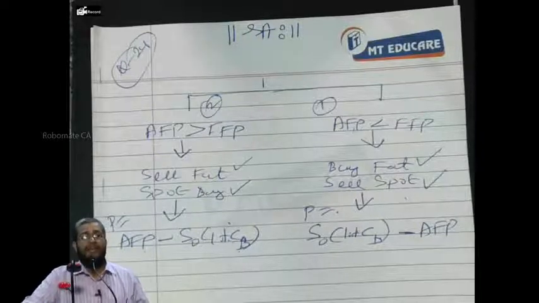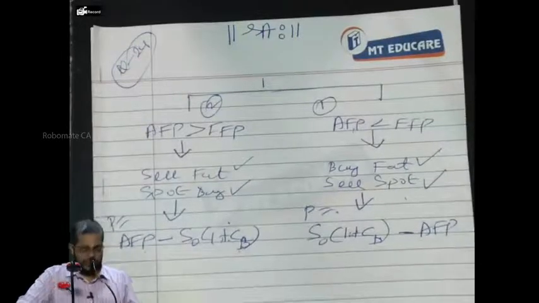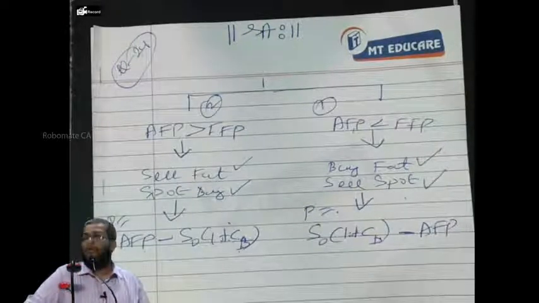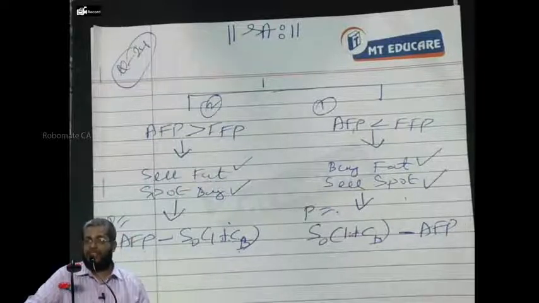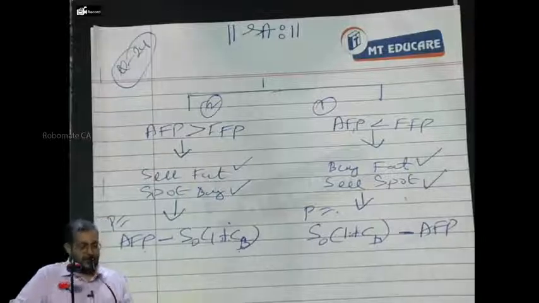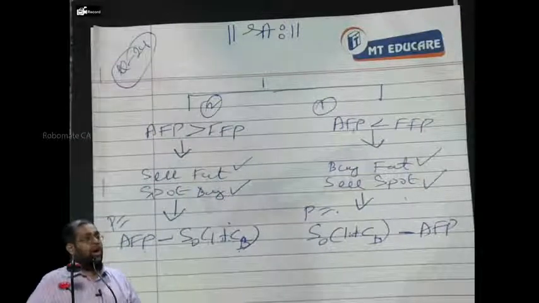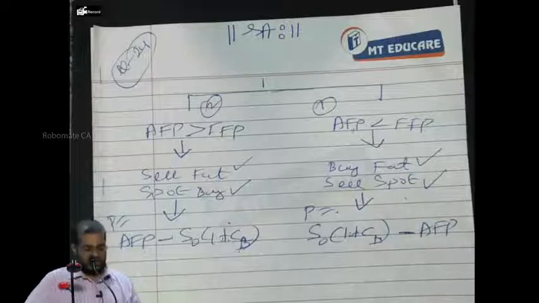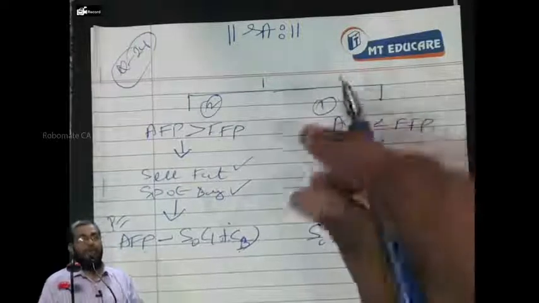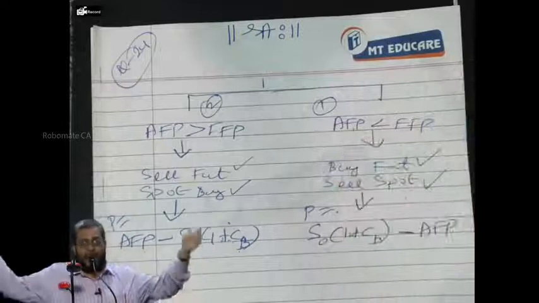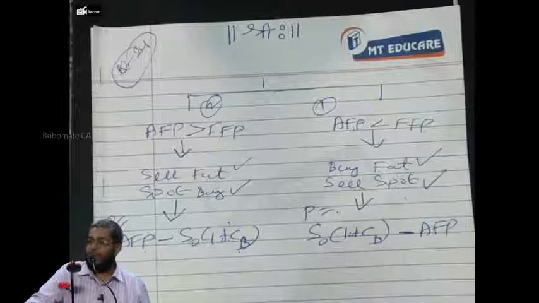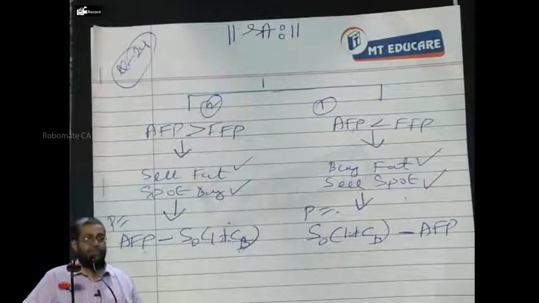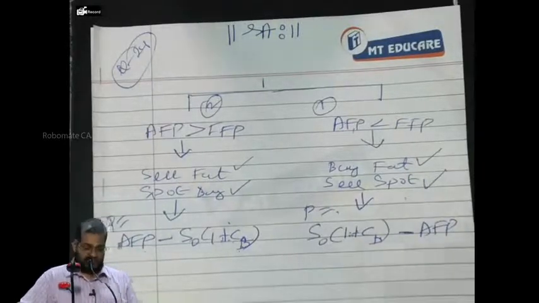Point 5. In above case, the no arbitrage price, in quotes write this, becomes no arbitrage boundary. Full stop.